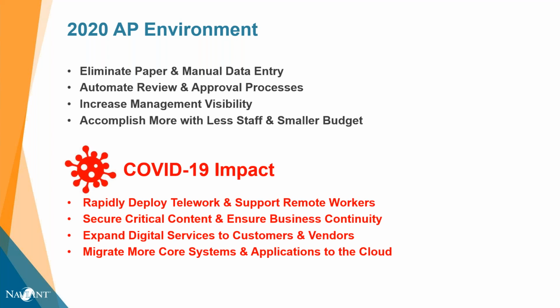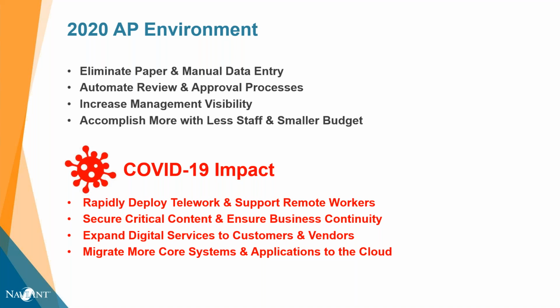But then this worldwide incident occurred and these old objectives didn't go away, but we have new priorities. Our priorities have actually expanded. This is what people are talking about, the new normal. And for accounts payable, these priorities aren't just during this crisis, but they've essentially created new expectations for day forward business operations.